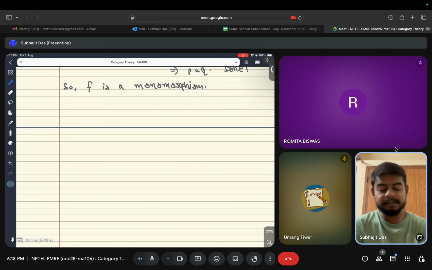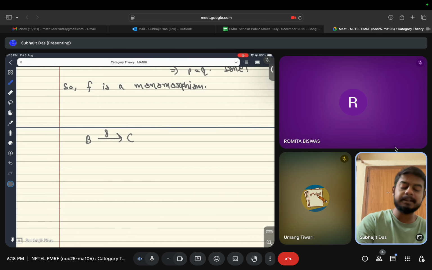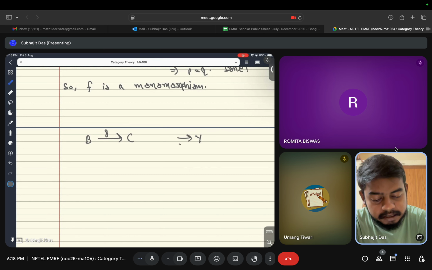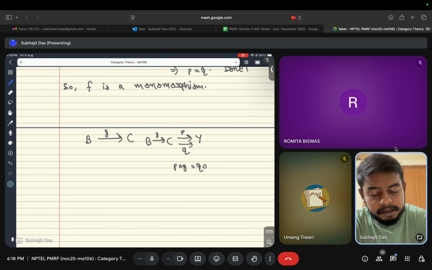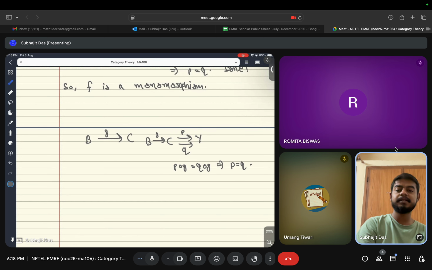Which means that G is from B to C. G is right cancelable means that for every object Y, let's say, and for every pair of arrows C to Y, let's say P and Q, whenever P compose G is equal to Q compose G, this should imply that P is equal to Q. That is what it means for G to be right cancelable.